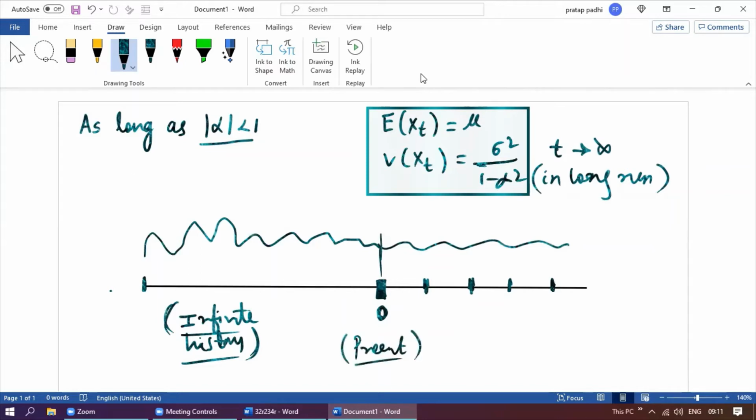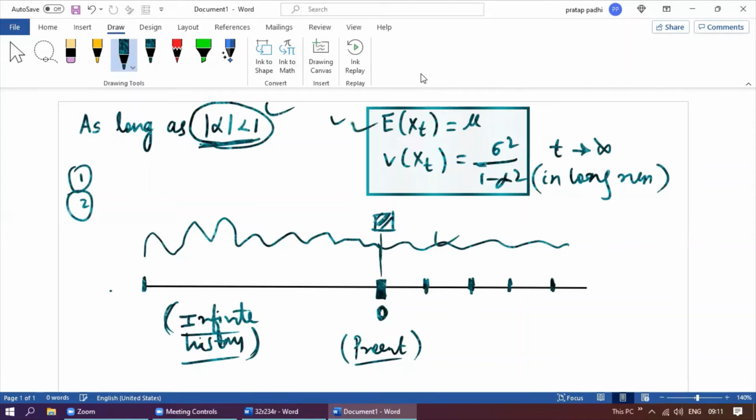Either you say if you start observing a process from now, if |alpha| is less than 1, even if it's not stationary because the other two conditions are not satisfied, it will become stationary in the long run. In other words, if there is a process running since a long time, it is already stationary, and we'll check only this one for this kind of process, |alpha| less than 1. That is what you need to remember.